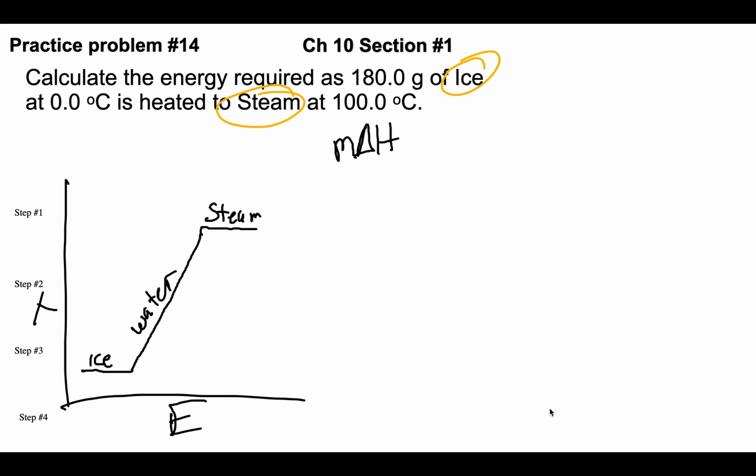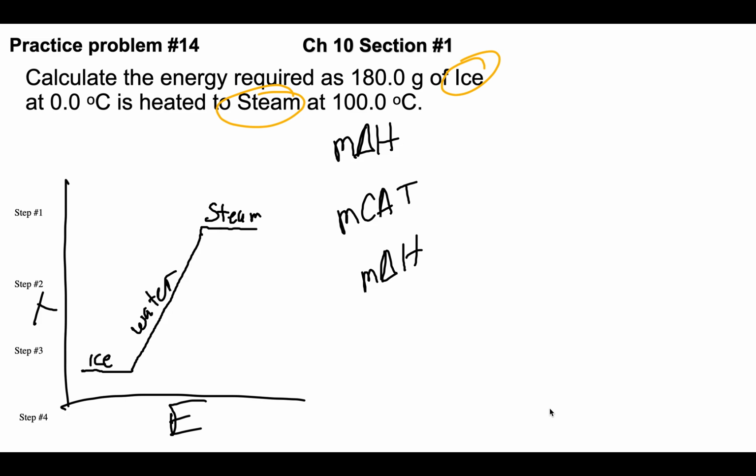Once we melt the ice and it's water, we can then raise the temperature of water using m c delta T. And then once we raise the temperature of water to 100 degrees, then we have to boil away the water and turn it into steam. We're going to go again to m delta H.